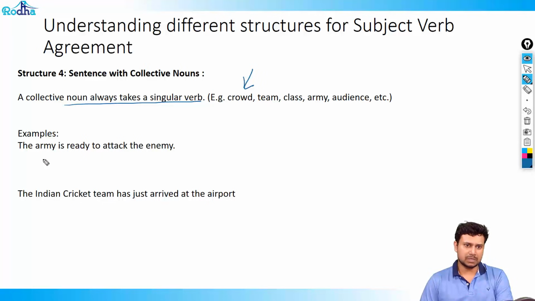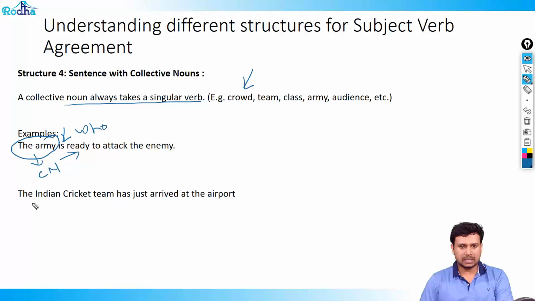Let's look at a few examples to validate our understanding. If we say the army is ready to attack the enemy, the first thing we need to ask is who is ready? The answer is the army. Army is a collective noun. Therefore, you will apply is, which is a singular verb.